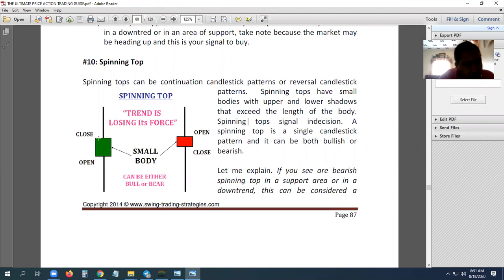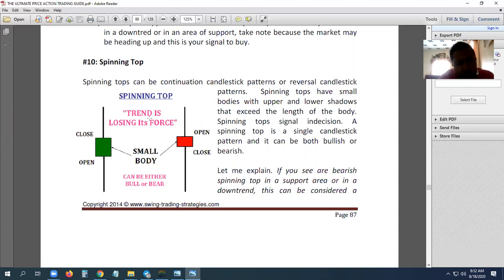In other words, we have a small body with the wicks that are almost equal. The upper wick and the lower wick are almost equal in size. The same with the red candle. So the color is not important. But in short, if you find a pattern like this in an uptrend, that's called a spinning top. If you find a pattern like this in a downtrend, it's called a spinning bottom.